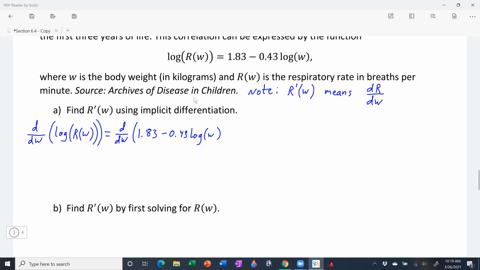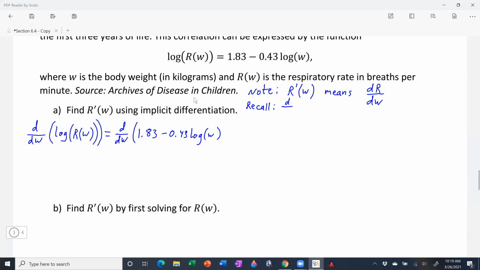Okay, and then as we go through and take the derivative here, we're going to have to pay attention to chain rule and also the derivative of a log. Recall that a lot of times we like using the natural log because the derivative is just 1 over the input times the derivative of the input. But just let me make a little note. Let's recall the derivative of any log.